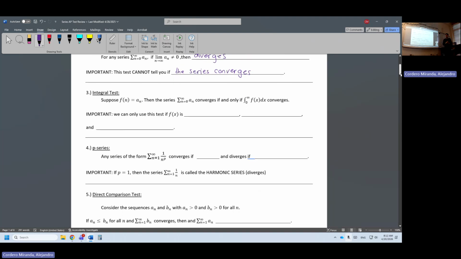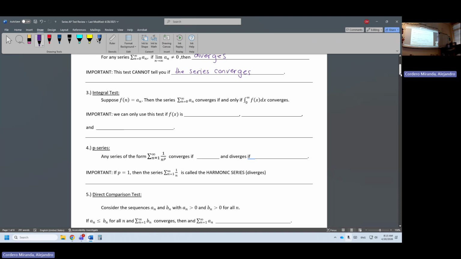Okay. Then the next thing you learned is the integral test, which says basically that if you have a sum, it will converge if and only if the corresponding integral converges. And you can only use that if f of x is 3 things. Do you guys remember the 3 things?